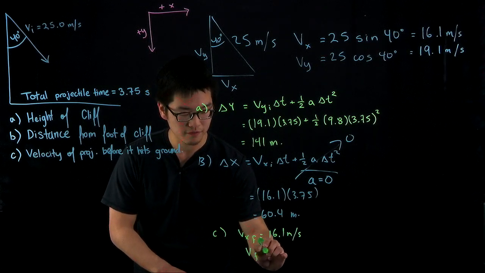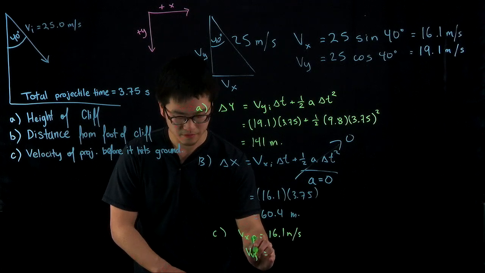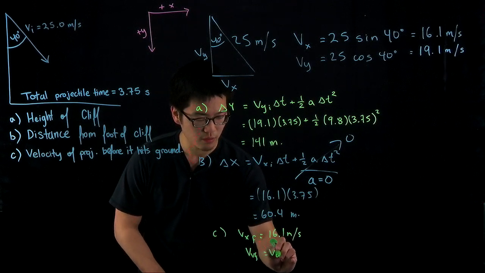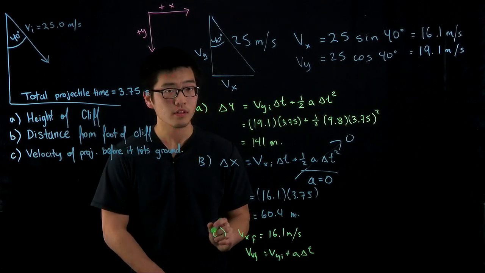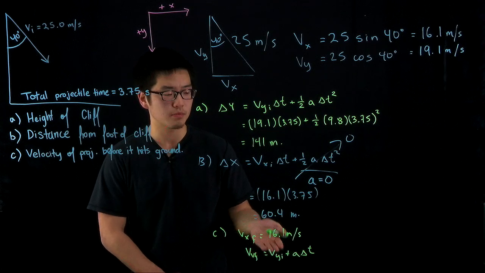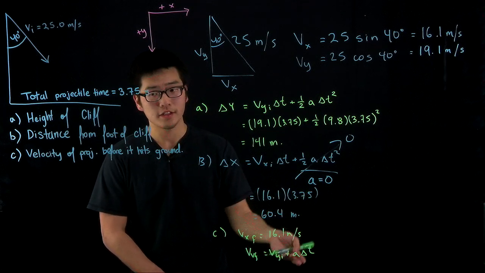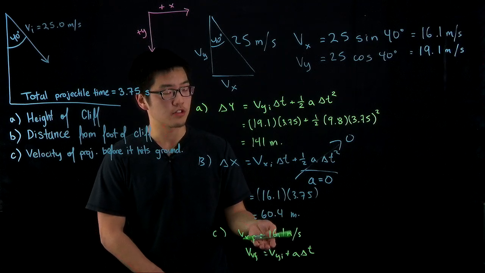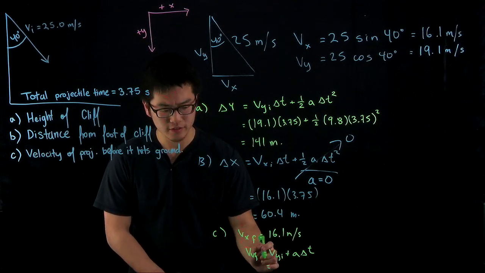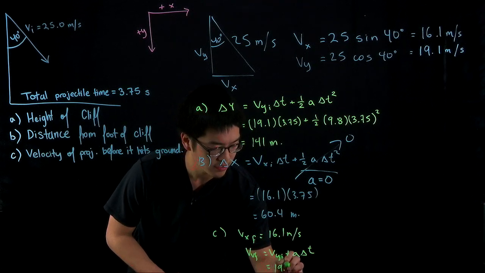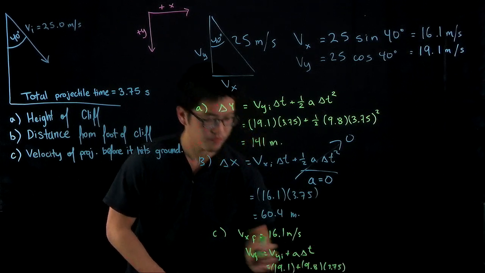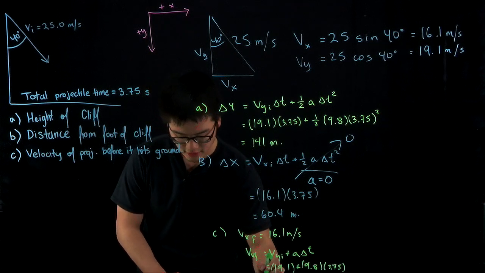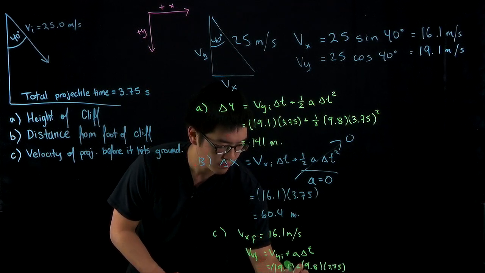That would be that Vf is equal to the initial velocity in the y direction plus acceleration times delta t. We already established that acceleration is positive 9.8 meters per second squared, and that time is 3.75, and we have the initial velocity. So it's a simple plug-in, and we get 19.1 plus 9.8 times 3.75. You'll find that the final velocity in the y direction is equal to 56 meters per second.